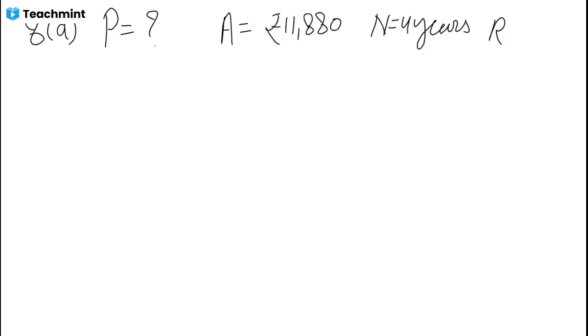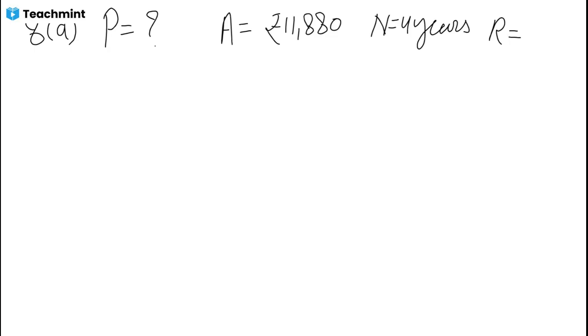We need to find P. A principal amount, this means this is amount rupees 11,880 when n is 4 years and r is, okay, there is no r.